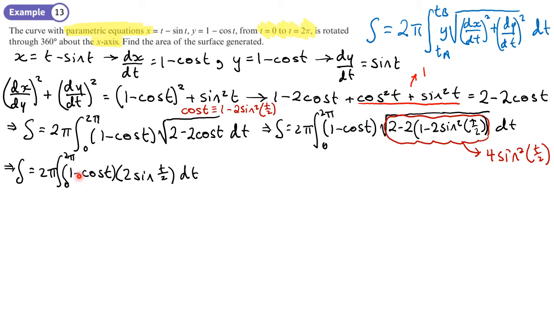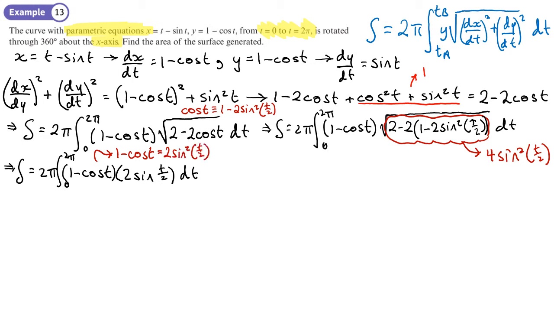Okay, another trig identity. So I've got 1 minus cos t here. Now actually 1 minus cos t is going to be 2 sine squared t over 2, so let's just write that down. That 1 minus cos t is equal to 2 sine squared t over 2.